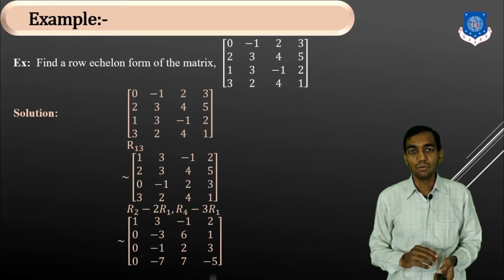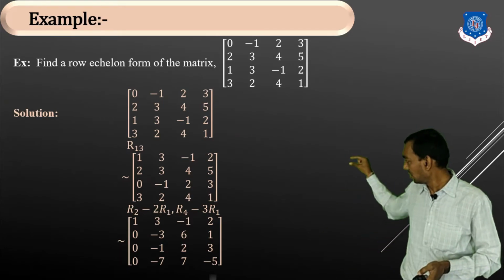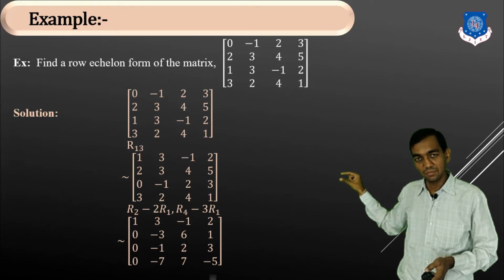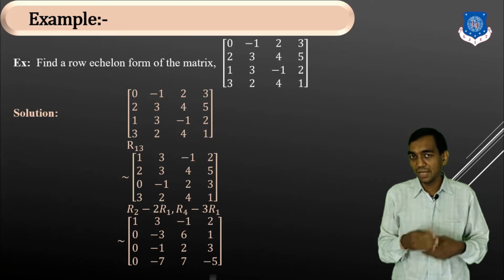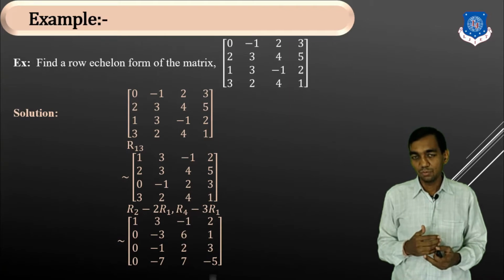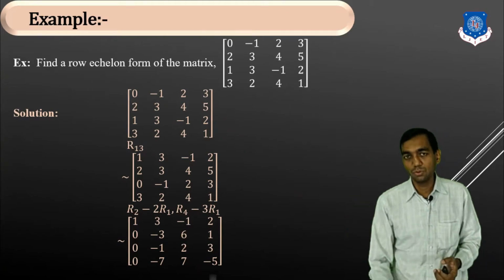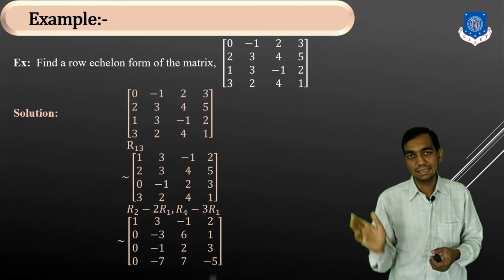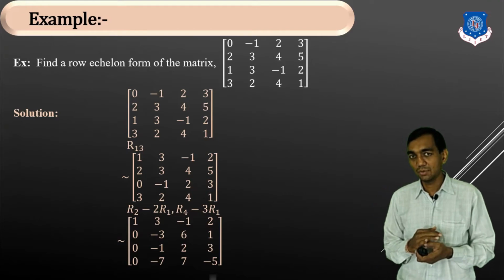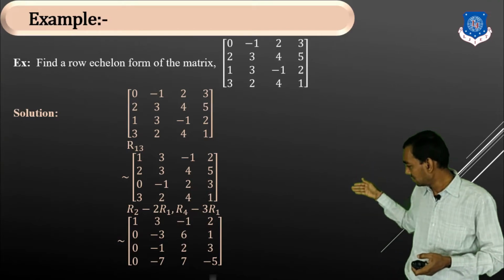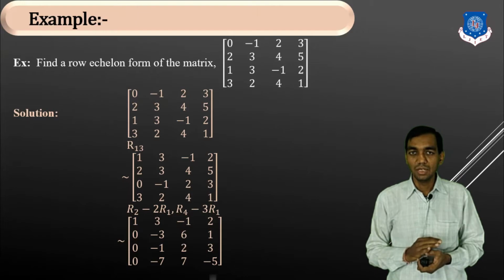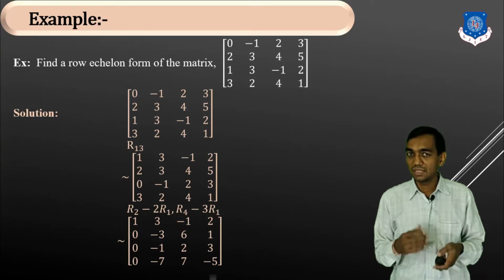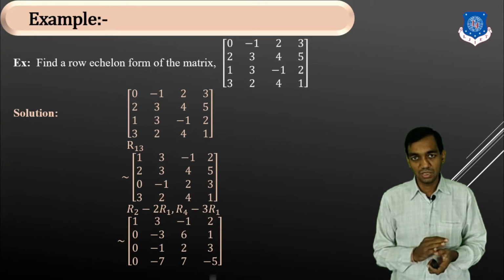Correct? Now, once you have the first non-zero element 1, to make the row echelon form, all the entries below the leading one must be 0. So we are going to make them 0 by basic row operations.